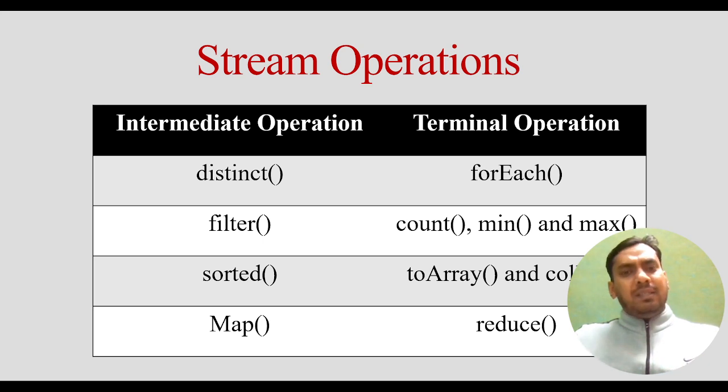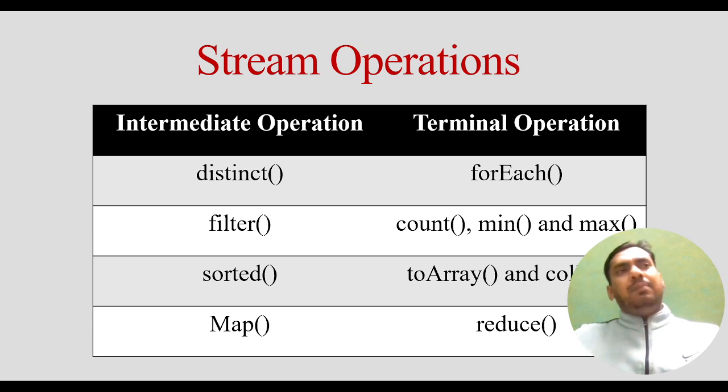The parallel method will convert the sequential stream into a parallel stream, and vice versa. If you have a parallel stream and want to convert it into a sequential stream, we can call the method sequential. So if you want to convert one type of stream into another type, you have the methods parallel and sequential.